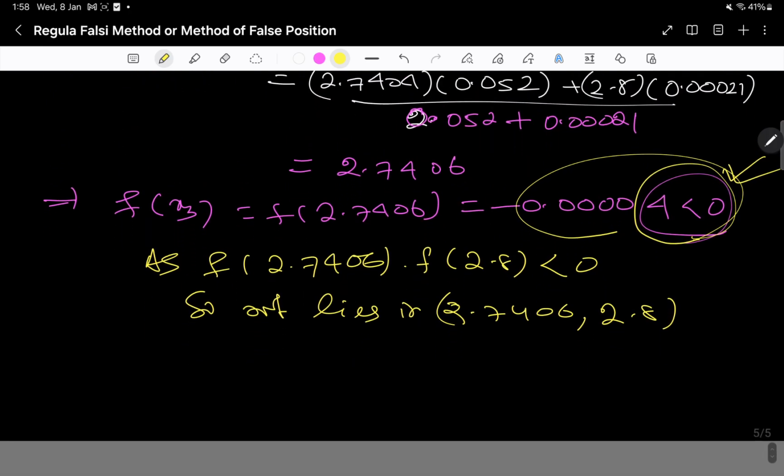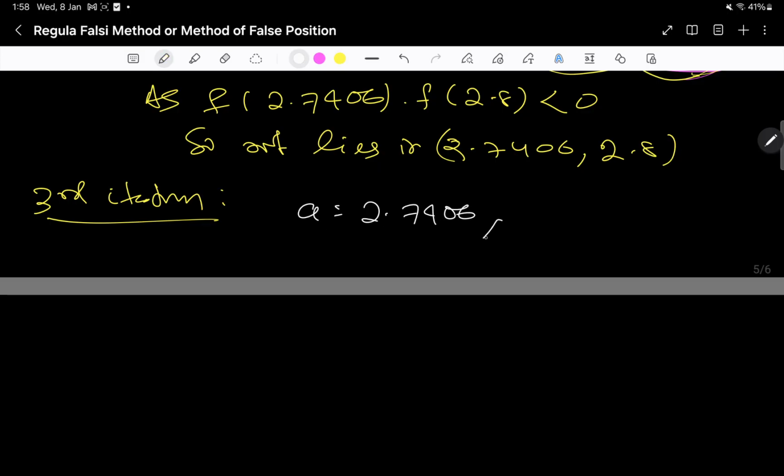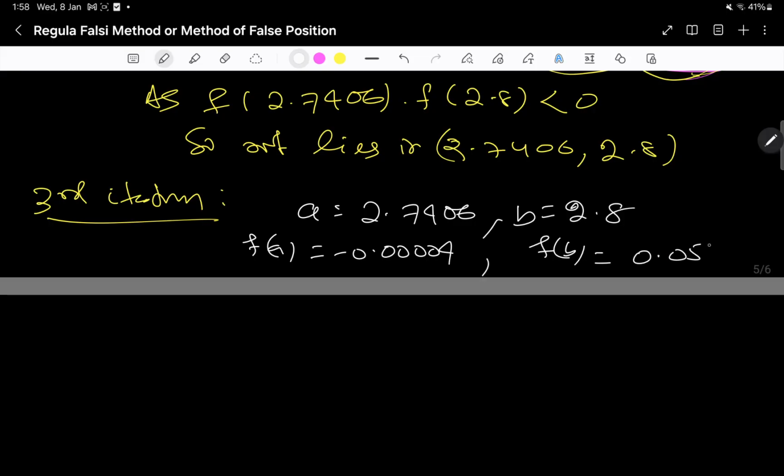So in my final step, in my third iteration, let a be equal to 2.7406 and b be equal to 2.8. Accordingly my f of a is minus 0.00004 and my f of b is 0.052.